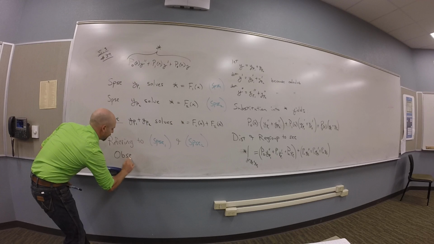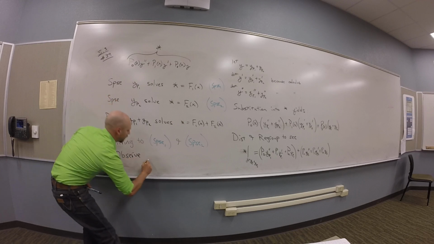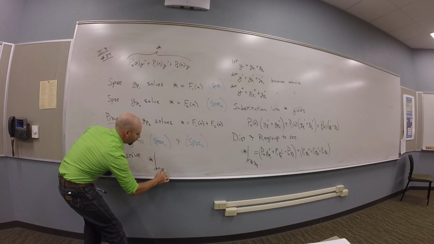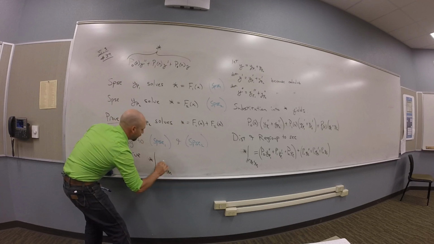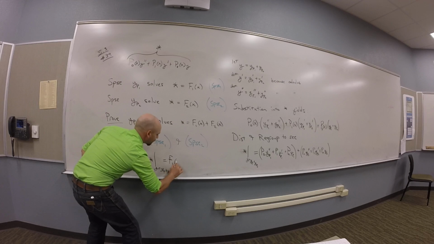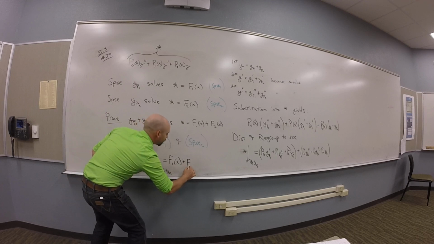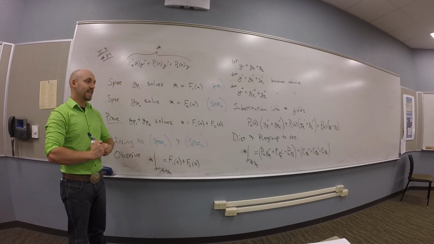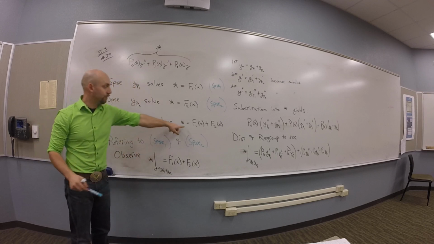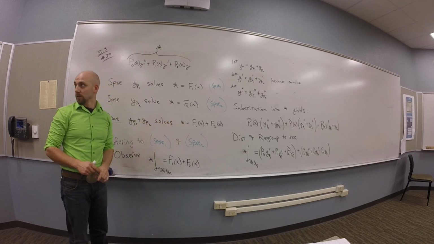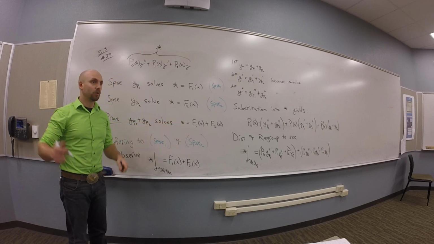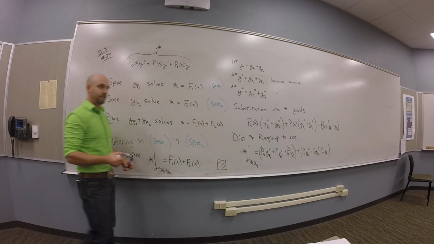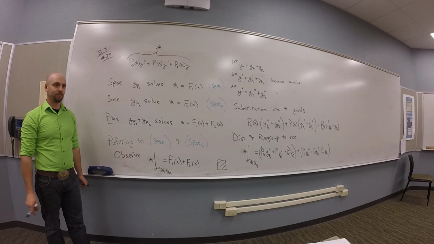Observe, star evaluated at y is yp1 plus yp2, which equals f1 of x plus f2 of x. And that's the definition of what it means to solve this differential equation. You guys see that? So once I'm there, I do this thing. Box, been done.